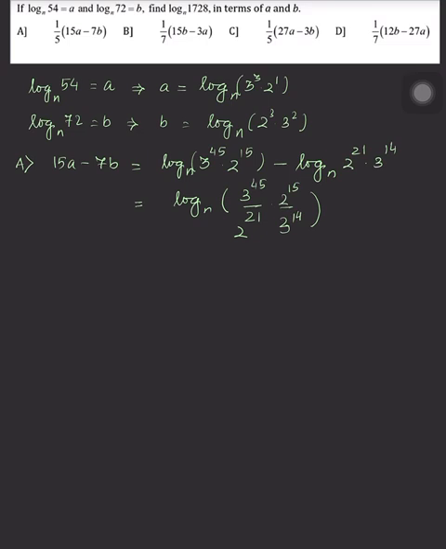Now when you cancel, the denominator has 2's, so it will not give me 1728.